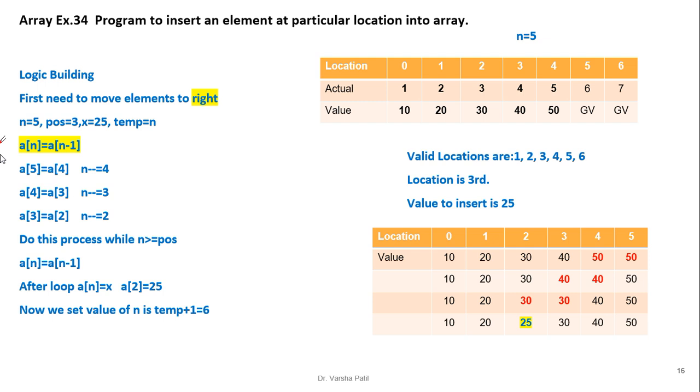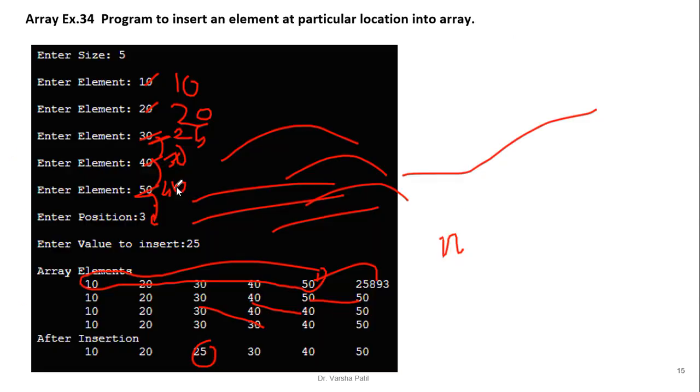Now we first require to understand the logic. The remaining program is very easy. For example, n equal to 5, position equal to 3, the element to be inserted is 25, and as our n changes, we are storing n into the temp variable. Now what we require to do is a of n is equal to a of n minus 1. Here we have shifted this element here also.